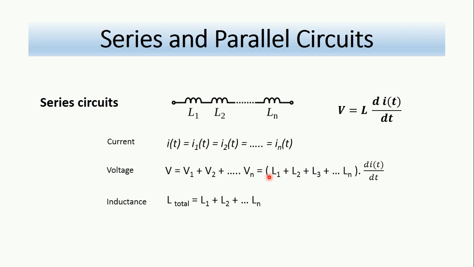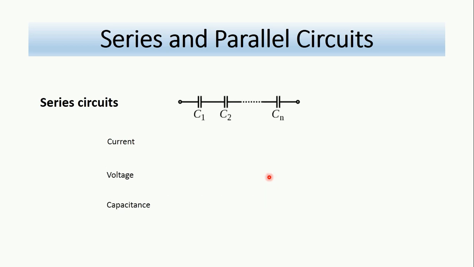What about capacitors? Well, capacitors, again, a necessary condition: the current passing through all these capacitors in order to be connected in series must be the same. And again, the current is a function of time, since this should be a DC circuit in order for the current to pass here. And what about the voltage here?